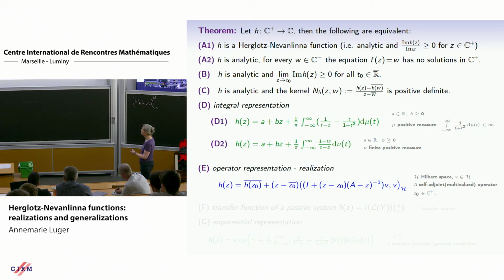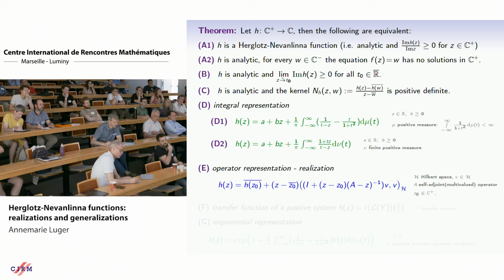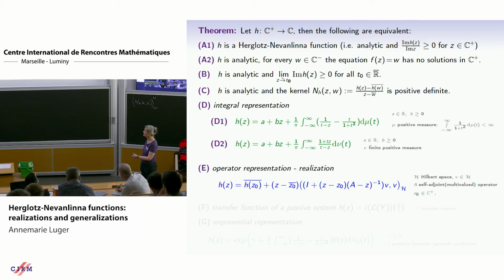We have a self-adjoint operator in a Hilbert space, so this resolvent here is a bounded linear operator in the upper half plane. And then, okay, here we add something, this is not so important. And then we take the inner product multiplied by this element v and take the inner product with this element v again in the Hilbert space. And then there is some term to make it really an equivalence. But the important part is this resolvent here. Okay. So I will come back to this.